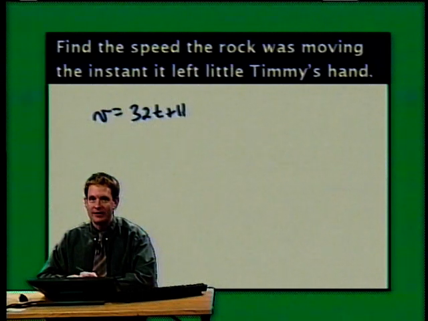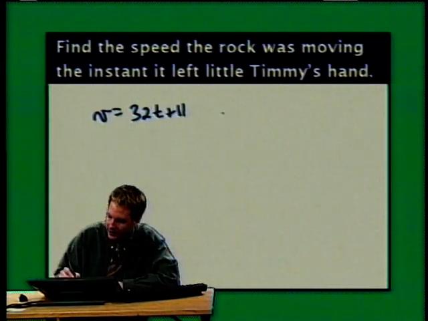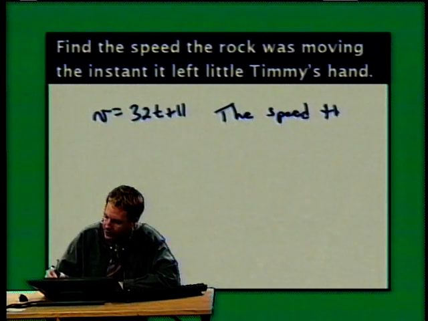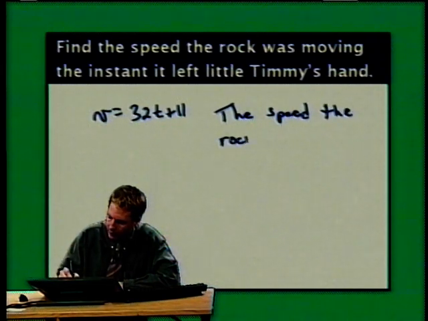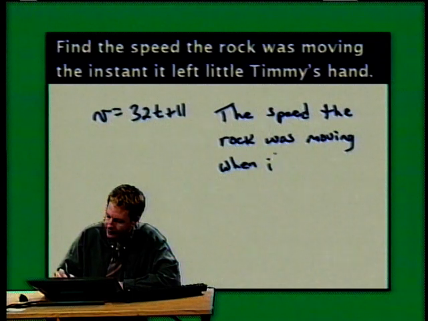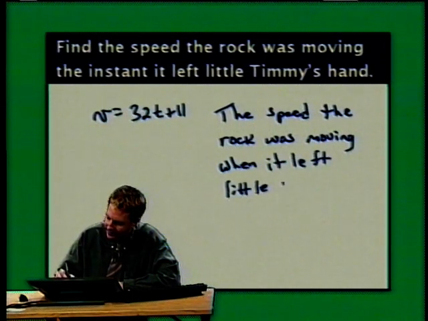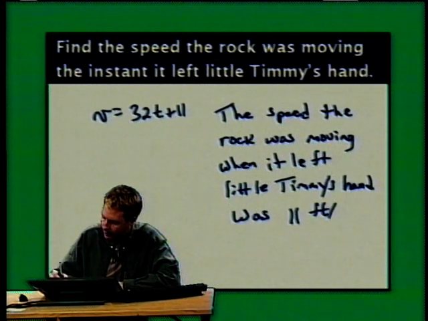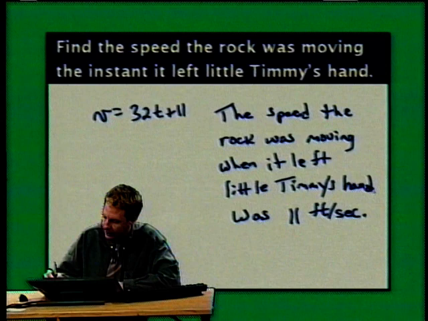That's why the point (0, 11) is the vertical intercept. The speed the rock was moving when it left little Timmy's hand was 11 feet per second.